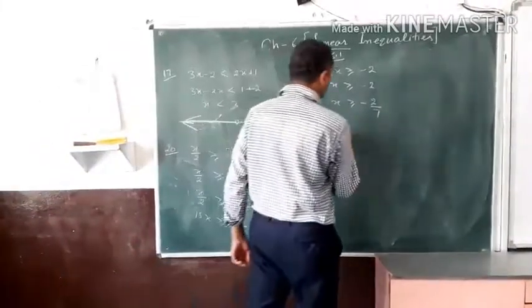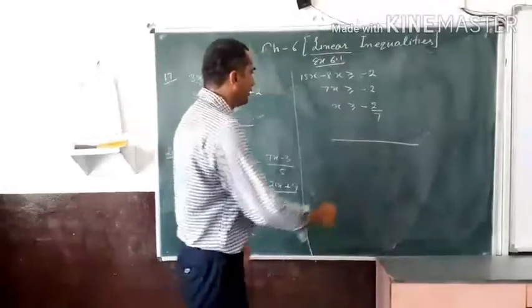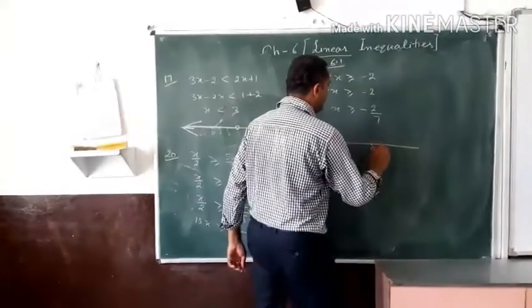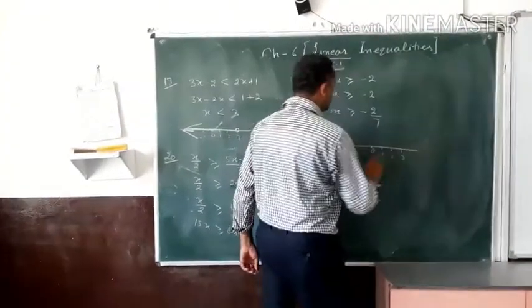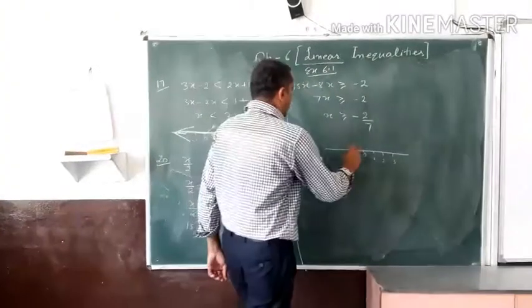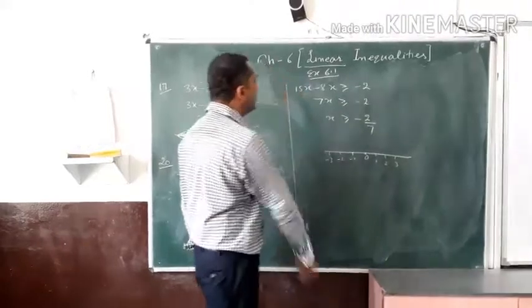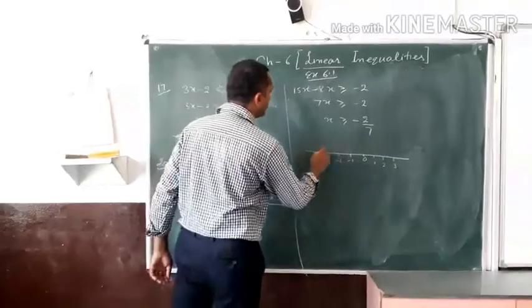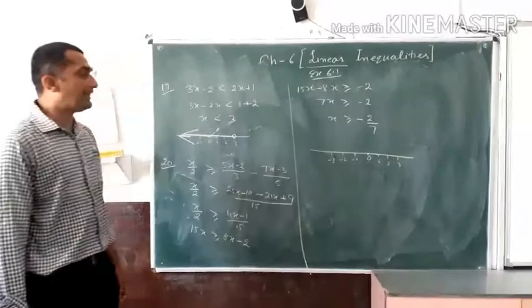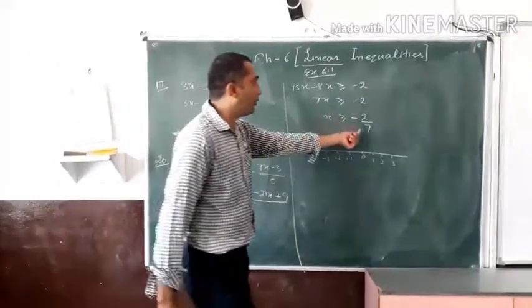Now take a number line: 0, 1, 2, 3, minus 1, minus 2, minus 3 and so on. It's x greater than or equal to minus 2 over 7.